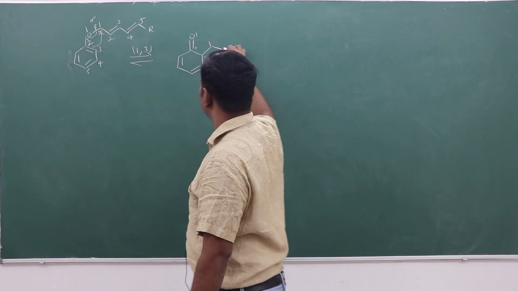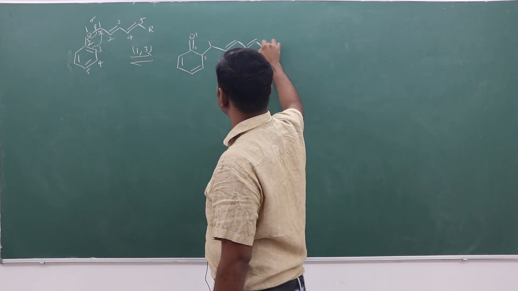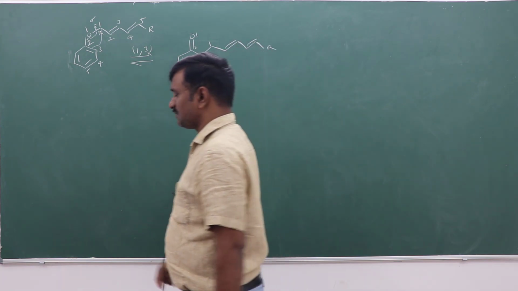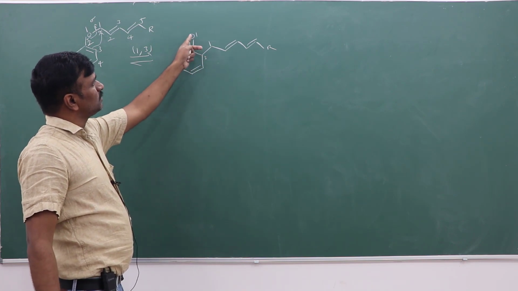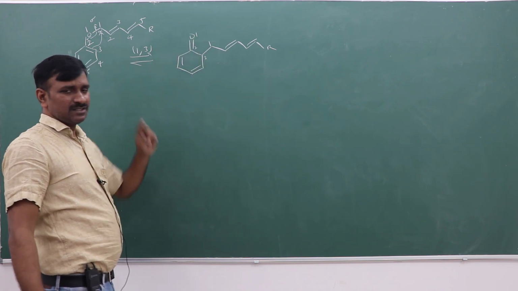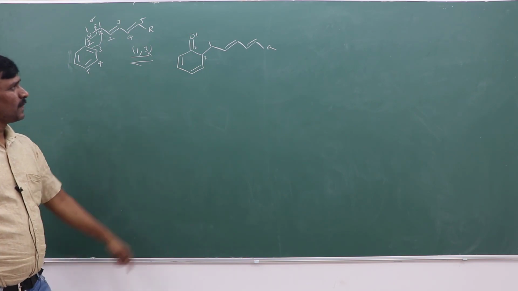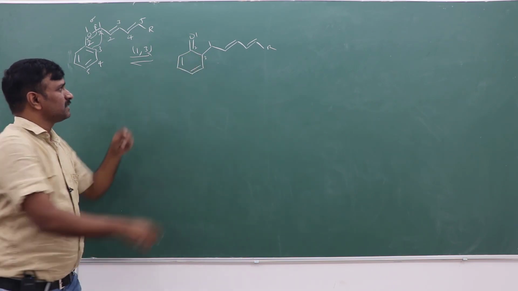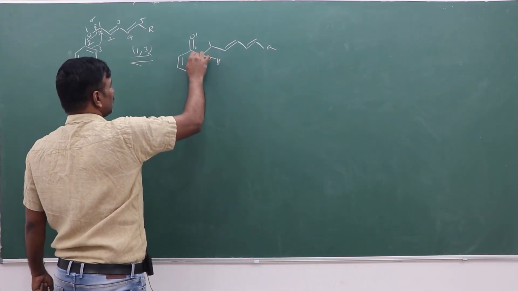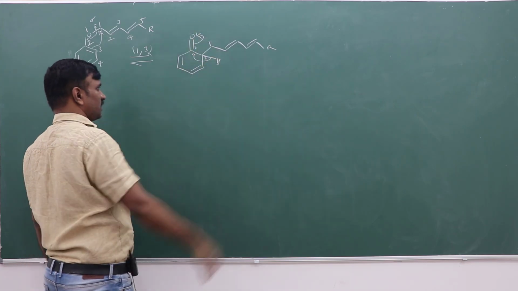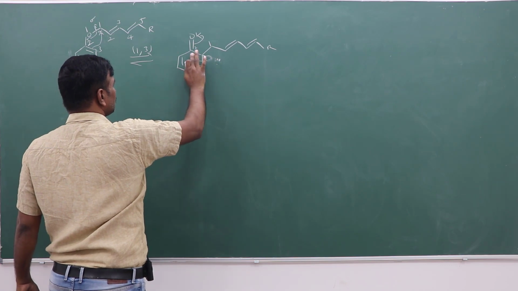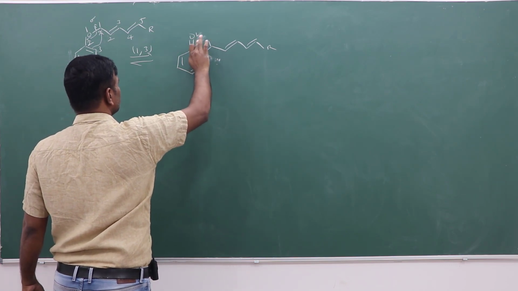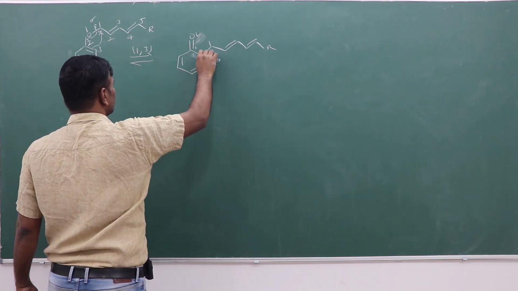So here, in the 1-3 shift, if tautomerization takes place, the O minus is going to be attached to H plus, giving OH. Tautomerization takes place, and this will happen: OH and a double bond are there. Keto-enol tautomerization takes place.